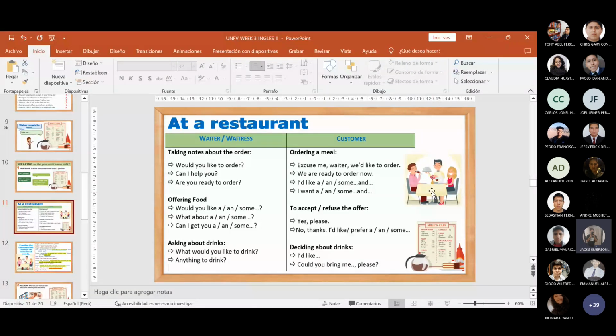And the customers, los clientes, los comensales. Y hay varias funciones. Mientras que el waiter toma nota, el customer orders and uses different questions. Would you like to order? Can I help you? Are you ready to order? ¿Qué desea ordenar? Would you like to order? Can I help you? ¿Puedo ayudarlo?